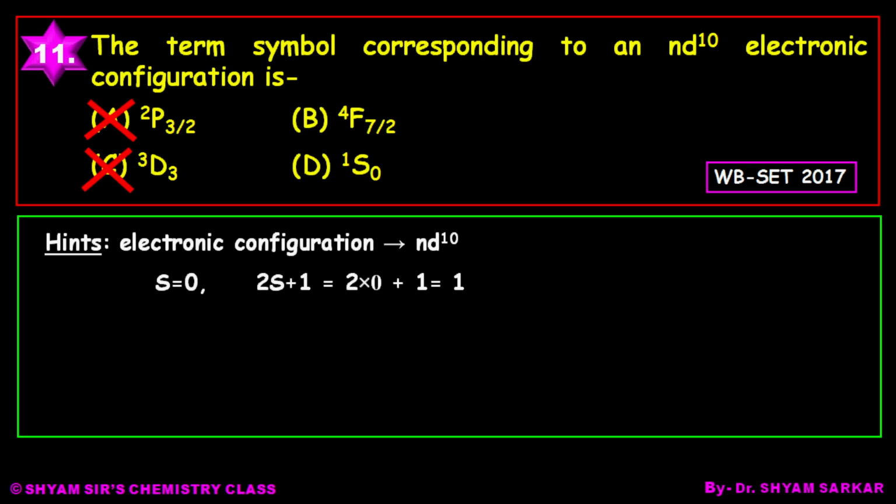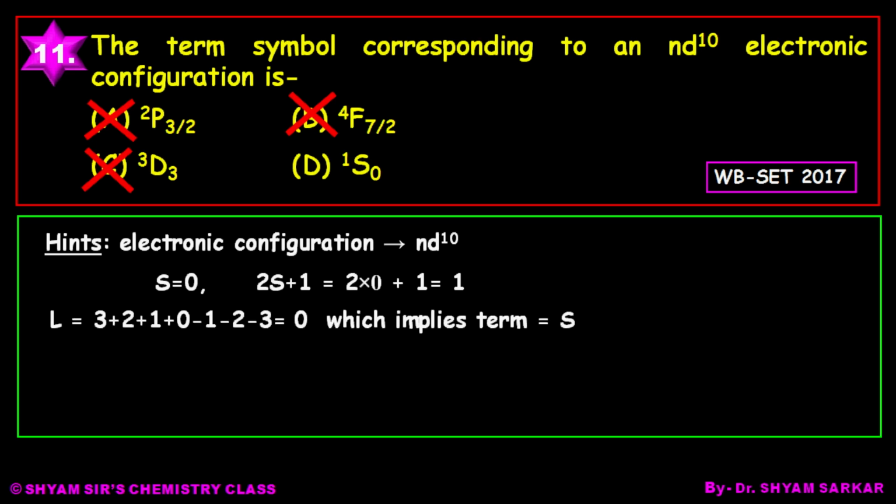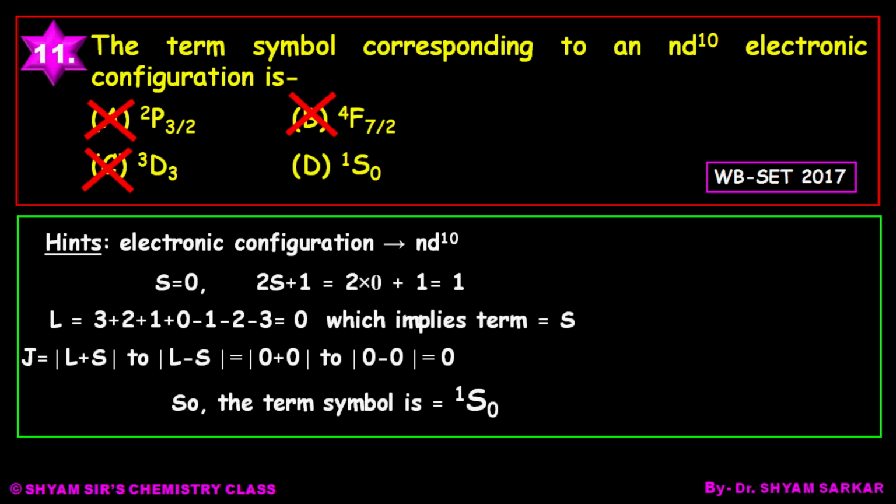You need not do further calculation in the exam, but I will show you the full-length calculation. See, L equals 0 here, which implies the term S, and J equals L plus S to L minus S. If you put the values of L and S, you will get J equal to 0. So the term symbol is 1S0, and here D is the right answer.